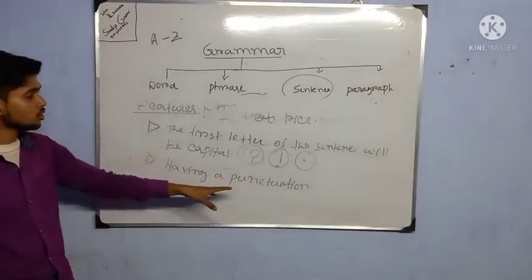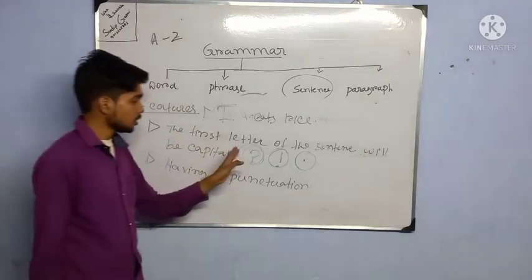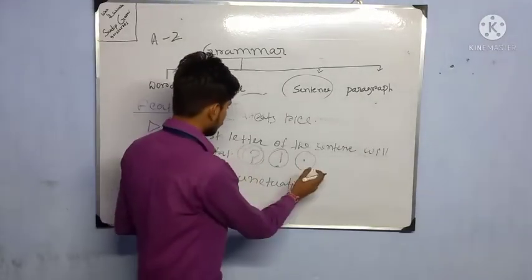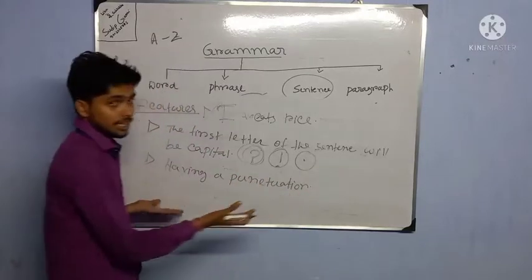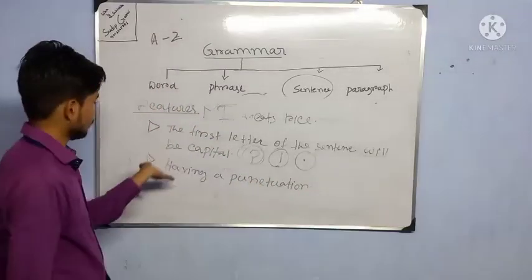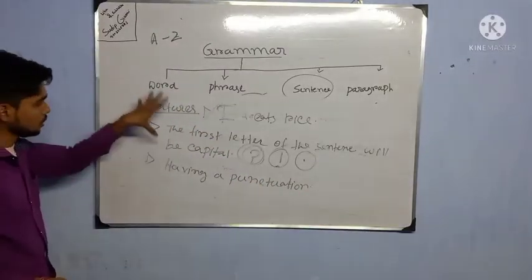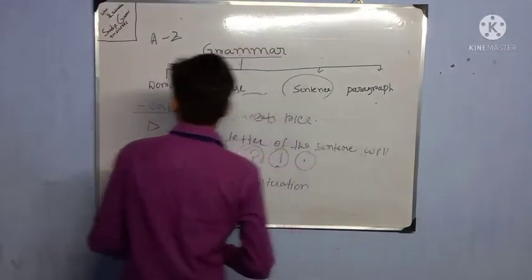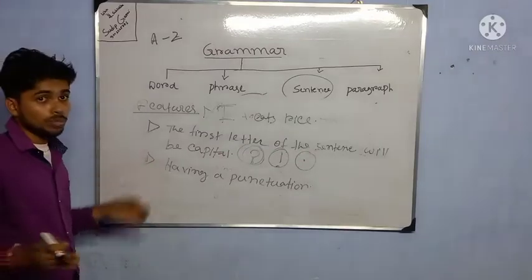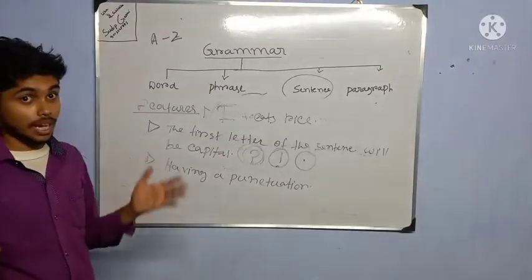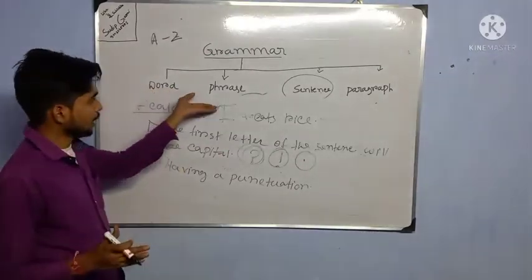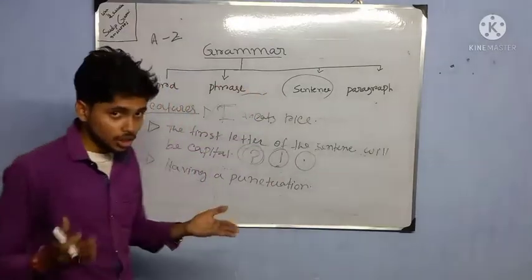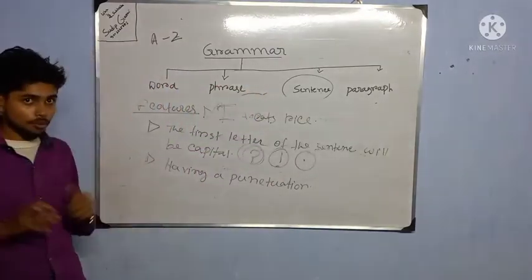If we find this punctuation, definitely we can say this is an example of a sentence. I think you have solved your problem about the misconception regarding word, phrase, sentence.